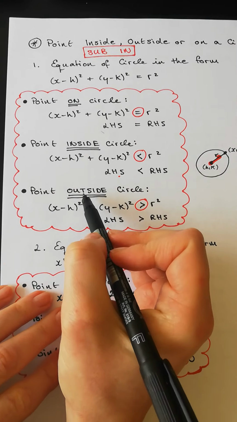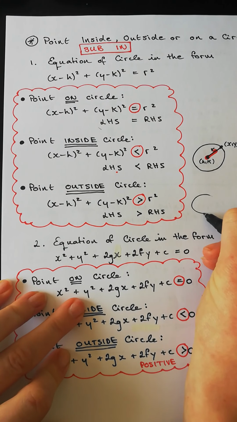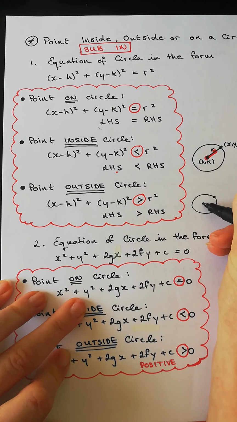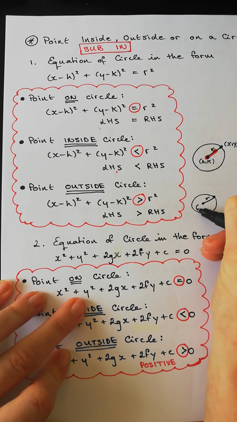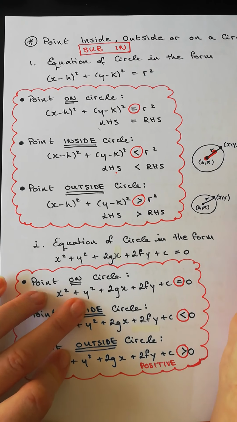If you sub it in and the left hand side is bigger than the right hand side, remember your radius is the distance from your center (h, k) to some point on the circle (x, y).